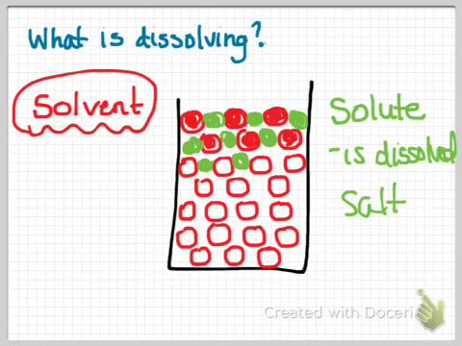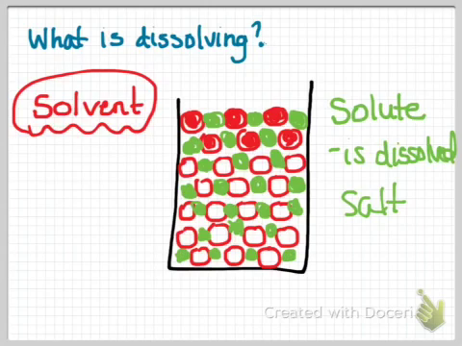When they're broken down, the attraction of the salt particles to themselves gets decreased, and they become more attracted to the water. So they're just filling the spaces between those water particles, or between the solvent particles.